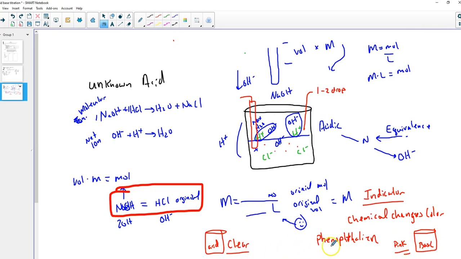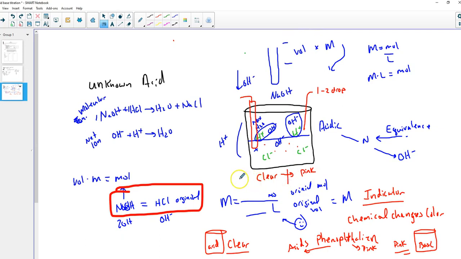So this stuff is clear in acids and pink in bases. It's not perfect, but it's close. So what we would do is titrate this in, starting clear, and we want to titrate until we just turn pink, not a lot, just 1 drop turns it pink. We stop right there.